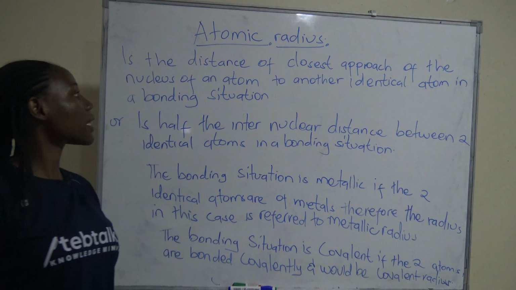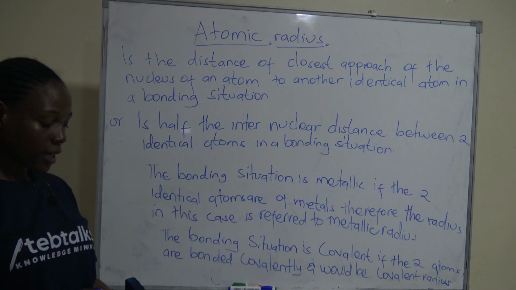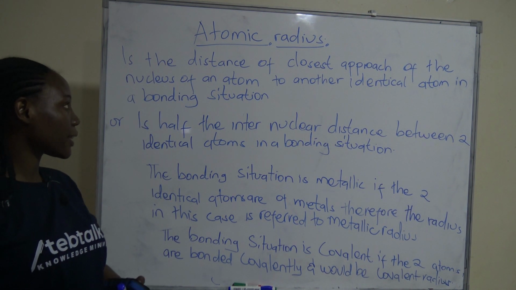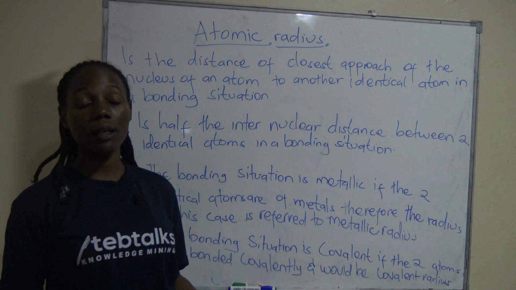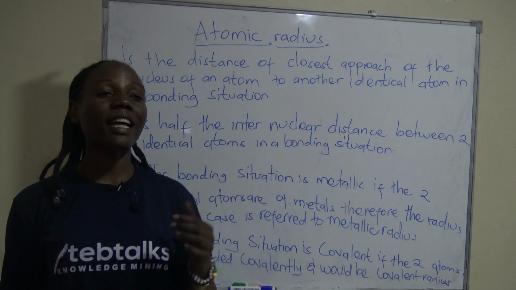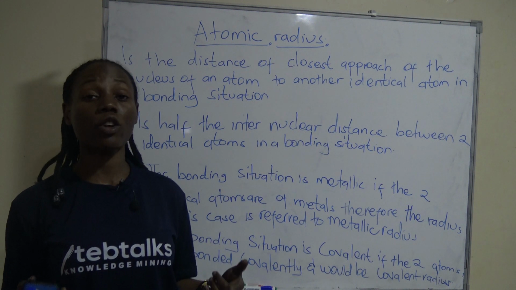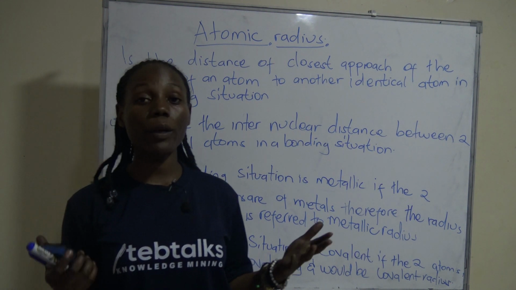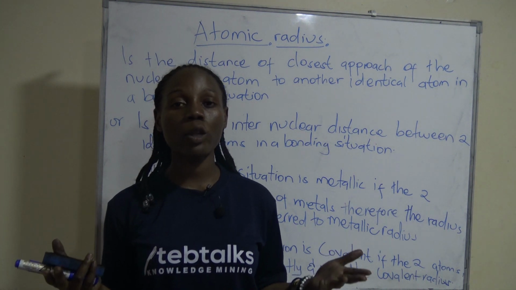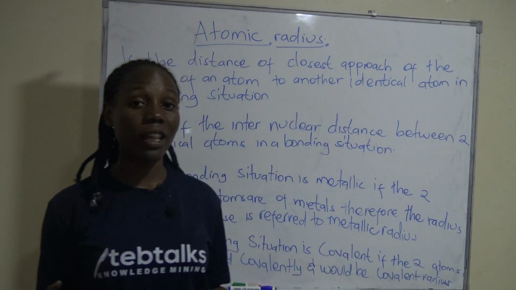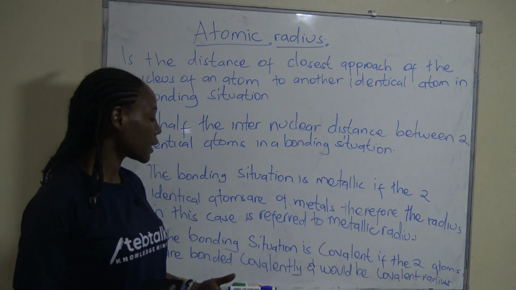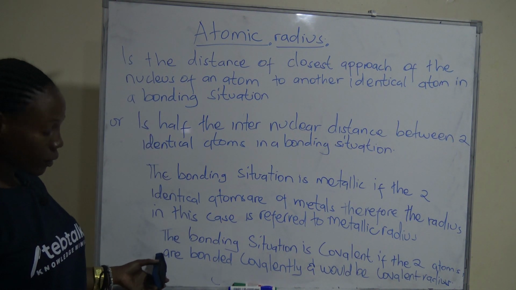So when someone, in most cases, says atomic radius, they mean the radius that is a result of bonding atoms covalently. And we know that covalent is the kind of bonding that happens between two non-metals. We have two non-metals and then they bond. That is where we get the covalent bonding.